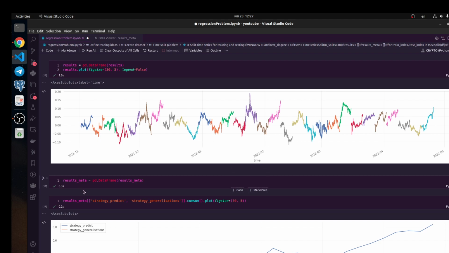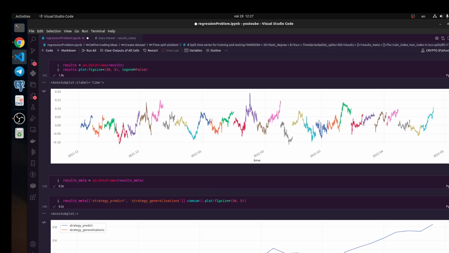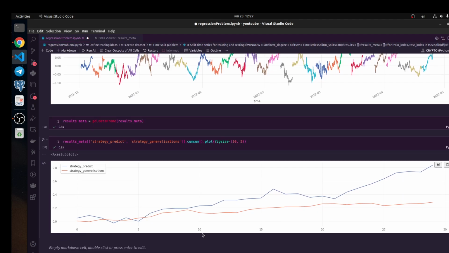Next, we need to calculate the cumulative returns of these finished results. It means I calculate what happens at the end of the period when we test our data, test our strategy. And you see, in general, it's working. We generate profit 30 times.